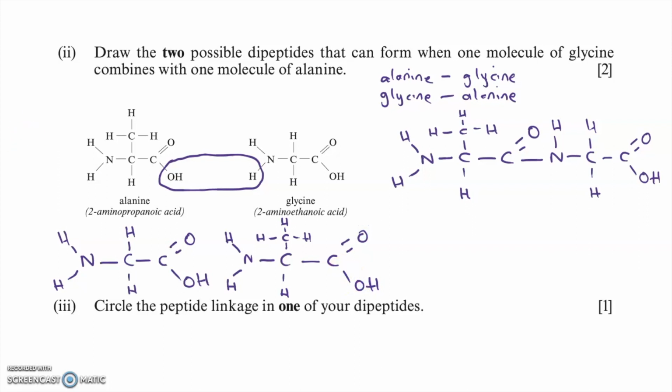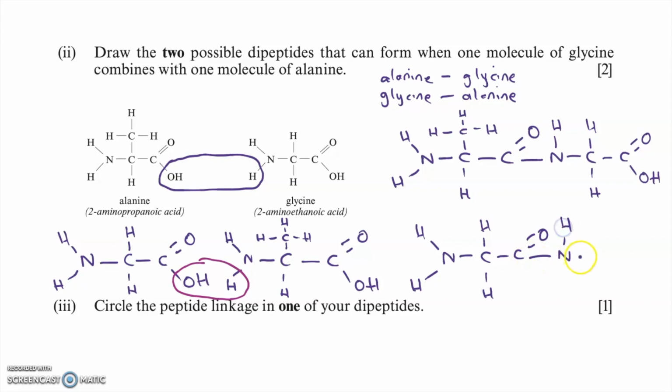So all that happens then is an OH group is removed from the carboxylic acid group of glycine, a hydrogen is removed from the NH2 group of alanine, we form water, and a peptide or amide linkage forms between the two amino acids that joins them together. So we have NH2 bonded to a carbon, which is attached to two hydrogens.